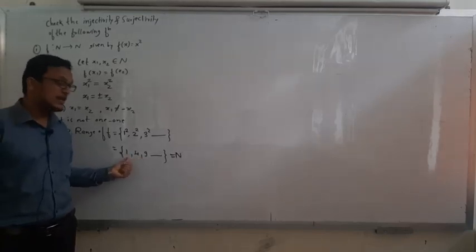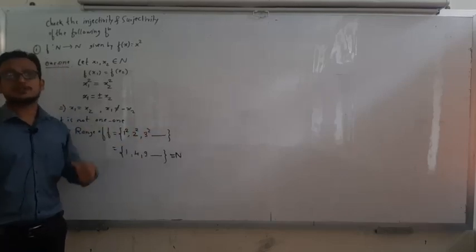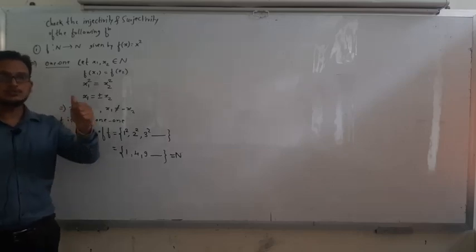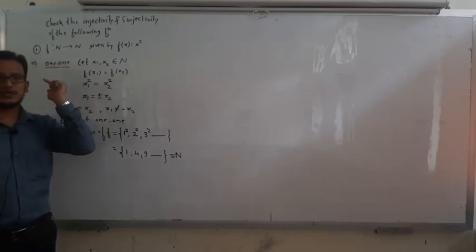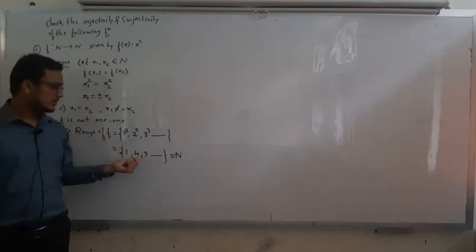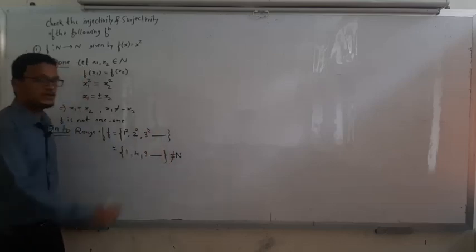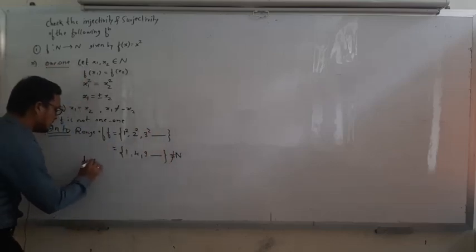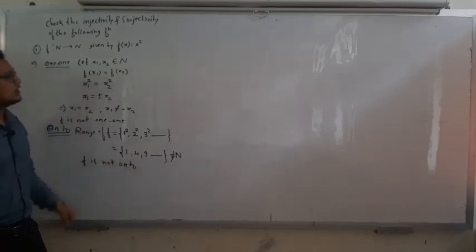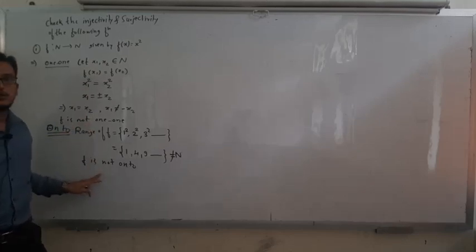In this set natural numbers are present, but it is not the set of natural numbers. You can call it the set of natural numbers when it starts with 1, 2, 3, 4 and continues. These are natural numbers, but it is not the set of natural numbers, therefore it is not equal, and hence f is not onto. So this given function is not one-one and not onto.